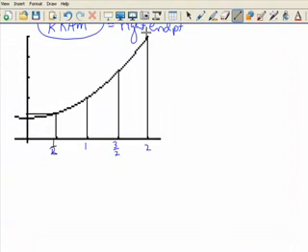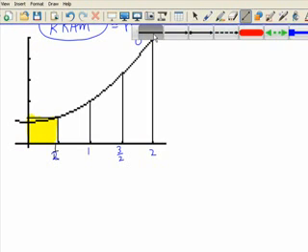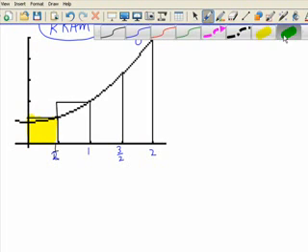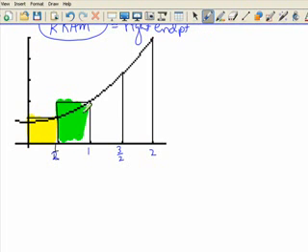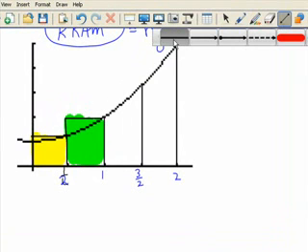So the first rectangle sticks up just a little bit above the curve. The second rectangle, okay, let's make it a rectangle. There we go. That's better. Again, sticks up just a little bit above the curve. Third rectangle.